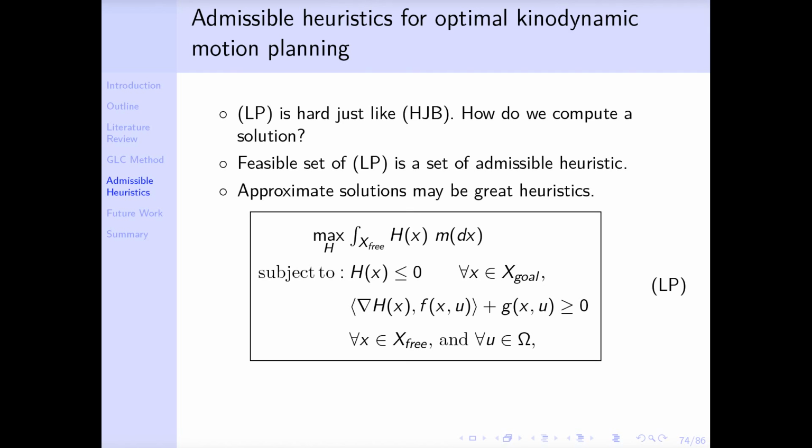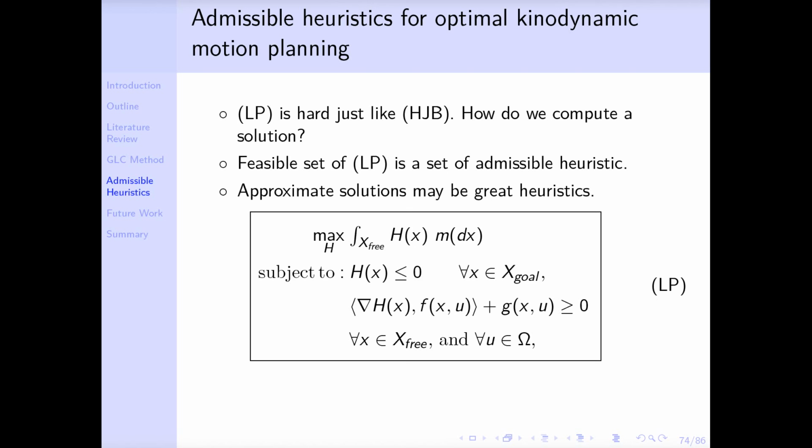So as a way of computing an approximate solution, I will first propose that we restrict our attention, our candidate heuristics, to a finite dimensional polynomial subspace. And what this does is it'll turn our infinite number of parameters, or this optimization objective, into a linear optimization objective over a finite dimensional space.